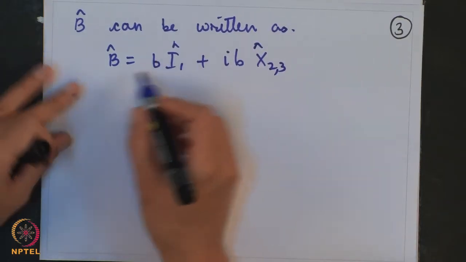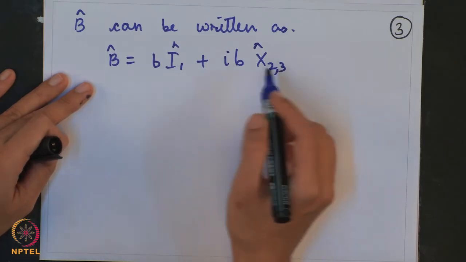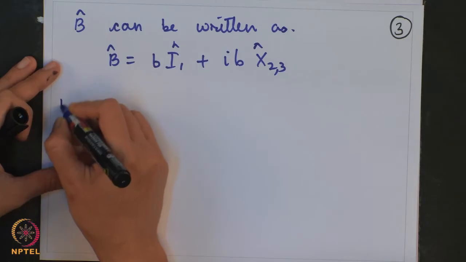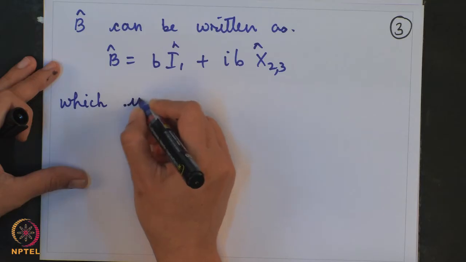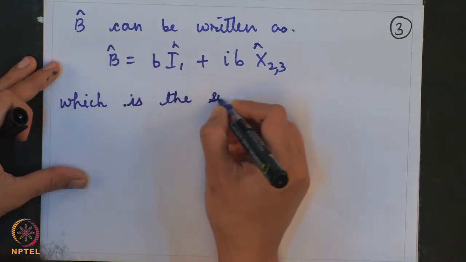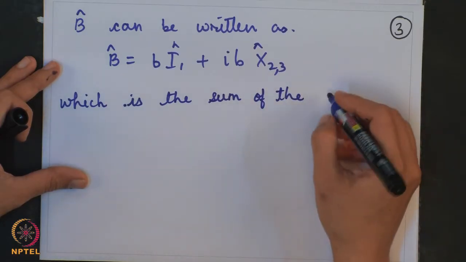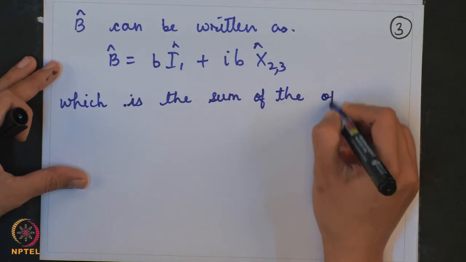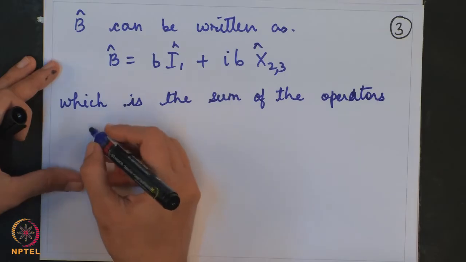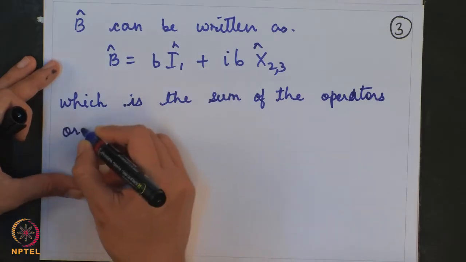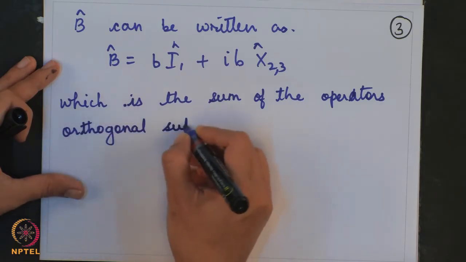This can be written as B times the identity plus the new operator, and now this forms the sum of operators acting on orthogonal subspaces.